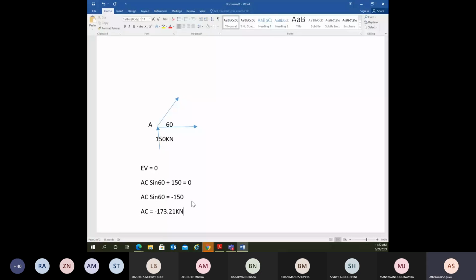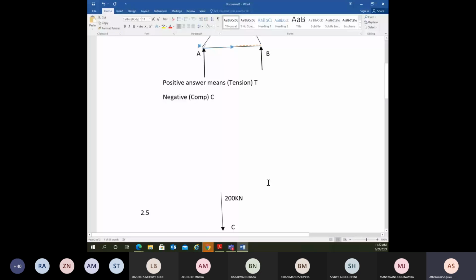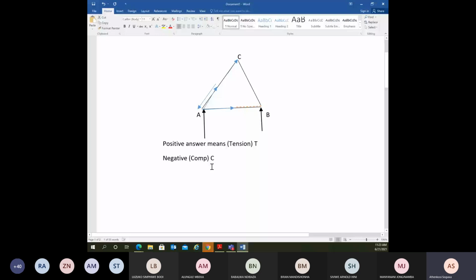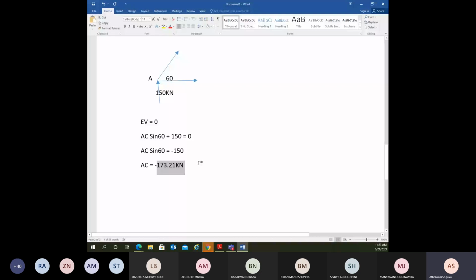That negative 173.21 means this answer is negative, where we have said a positive answer means tension, a negative answer means compression. Therefore, this answer that you have here is in compression.